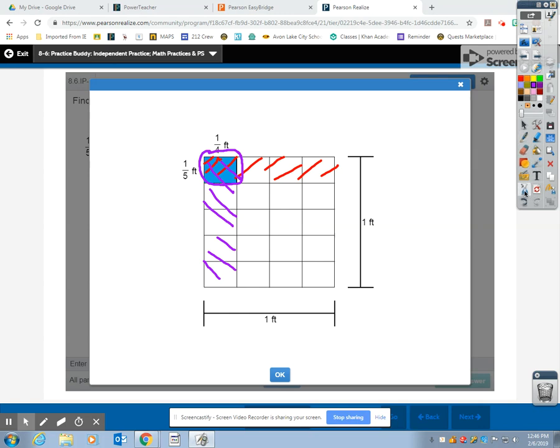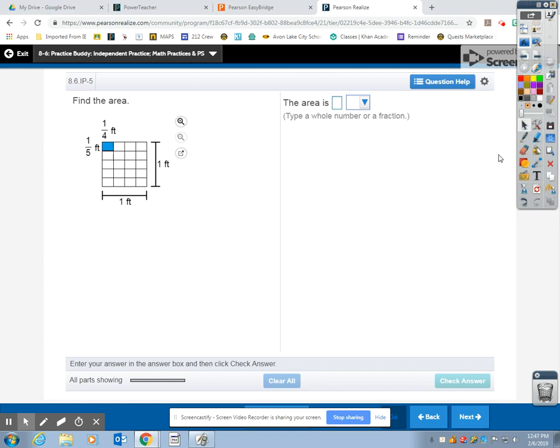Sorry, not volume, what area this blue section is. And we know that area is length times width. So if I look at my measurement here, I'm going to take 1/4 times 1/5. When I do that, 1 times 1, because remember, guys, it's numerator times numerator, is 1. 4 times 5 is 20.